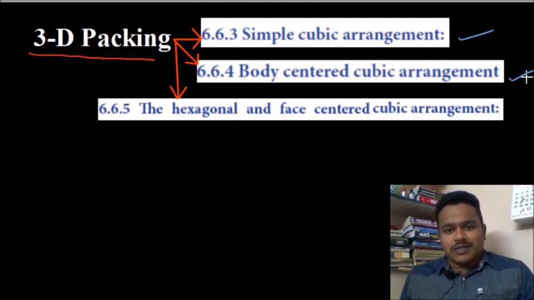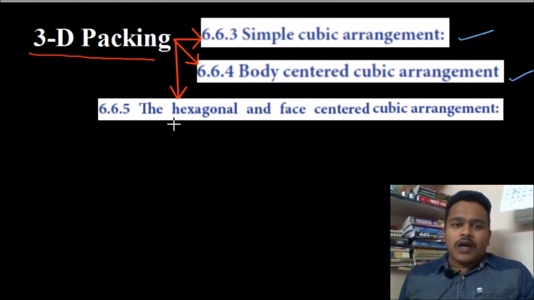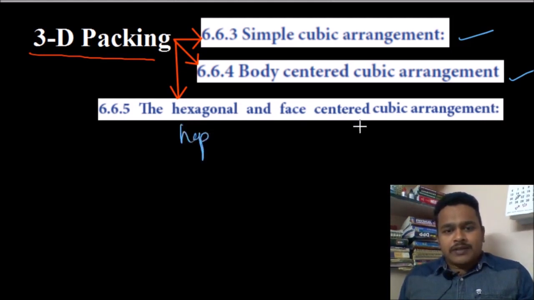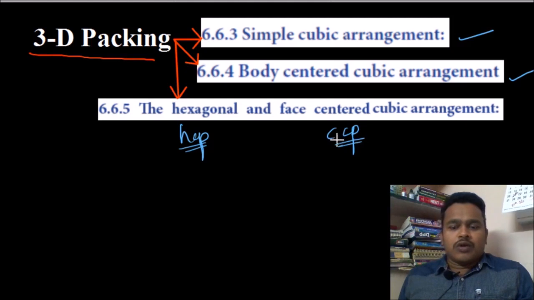In this video, we are going to learn about the hexagonal close packing, otherwise the face centered cubic arrangement, which is also called CCP. HCP is hexagonal close packing and CCP is cubic close packing. We are going to learn these in this video.